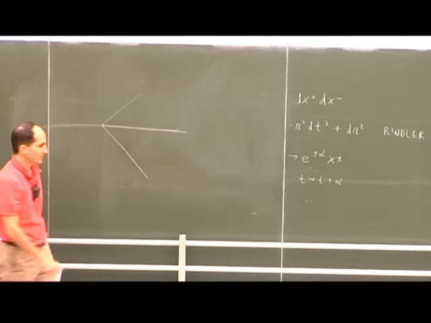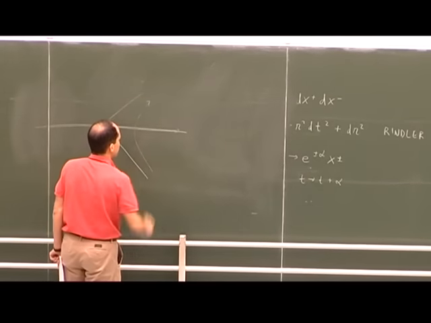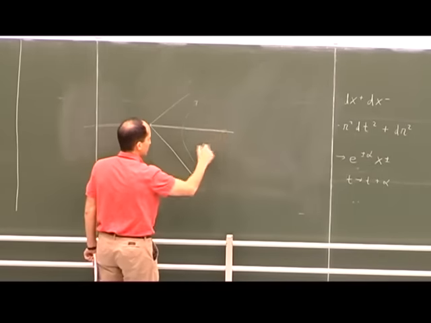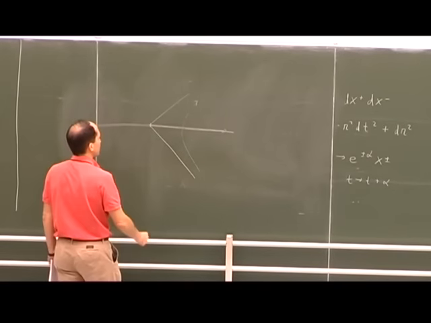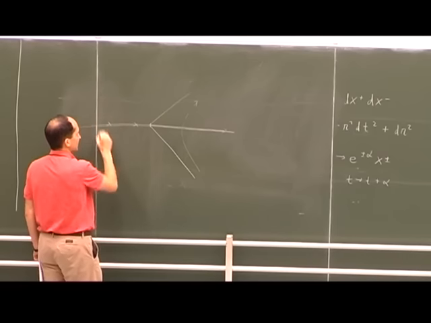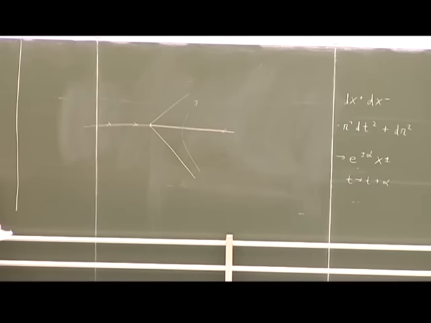For example, an observer following these trajectories and doing observations on this right half will only do measurements on this right half and will not have access to the results of any measurements done on the left side. Is that intuitively clear? Yeah.